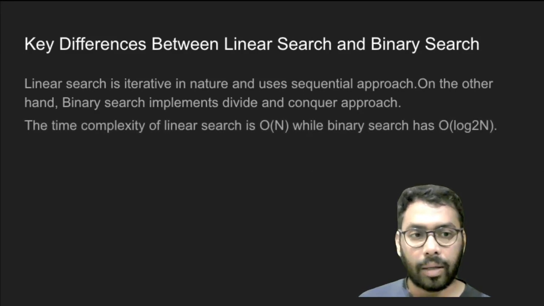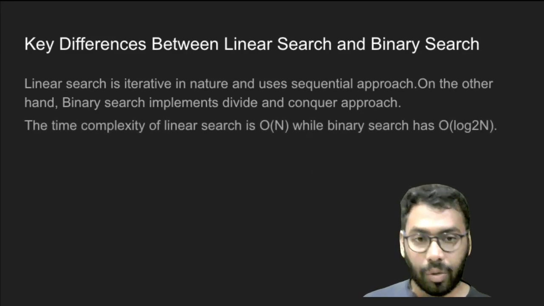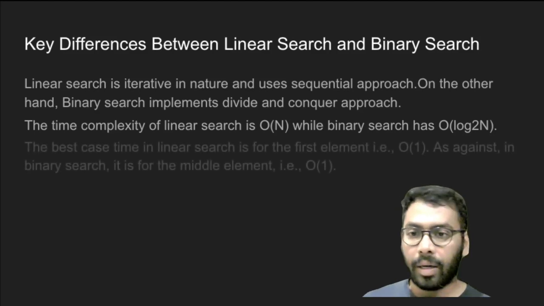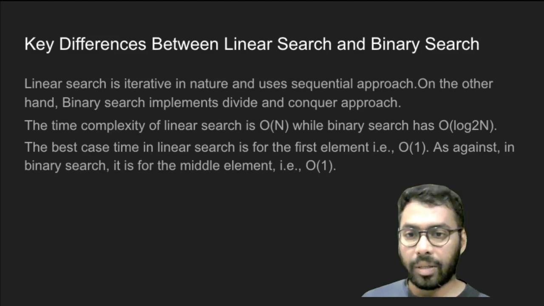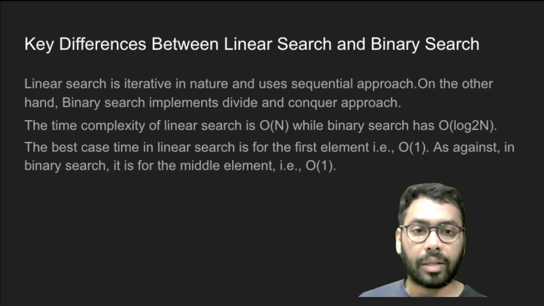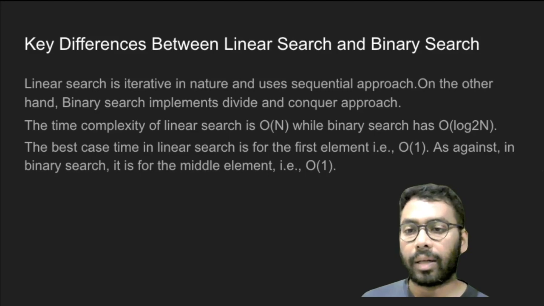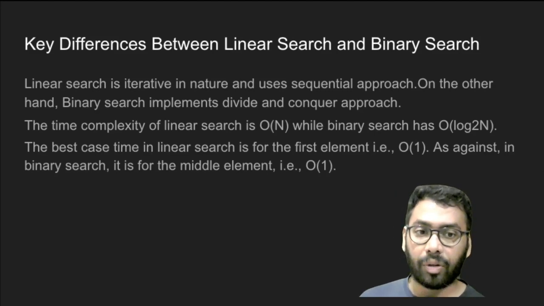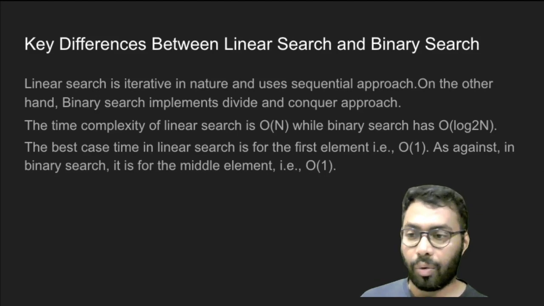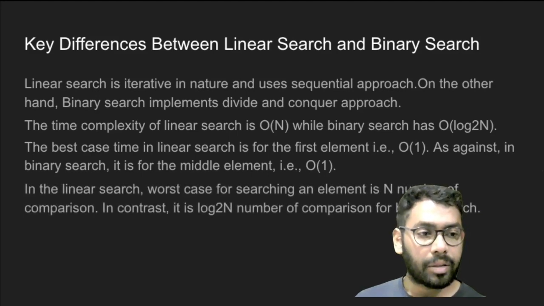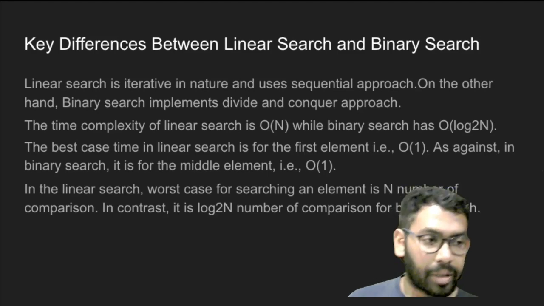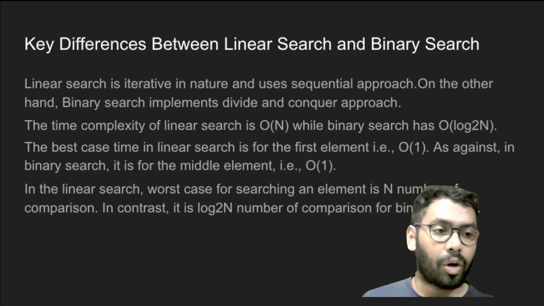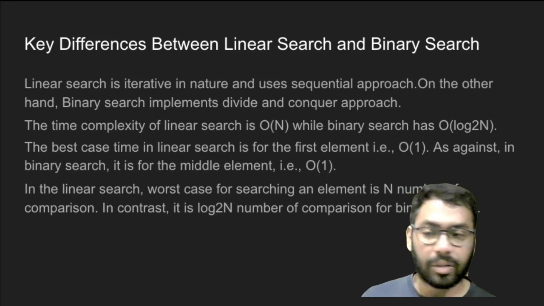The time complexity of linear search is O(n), while binary search has O(log n), right? The best case in linear search is the first element, that is O(1), as against binary search, where it is the middle element, that is O(1). In linear search, the worst case for searching an element is n number of comparisons. In contrast, it is log n number of comparisons for binary search.